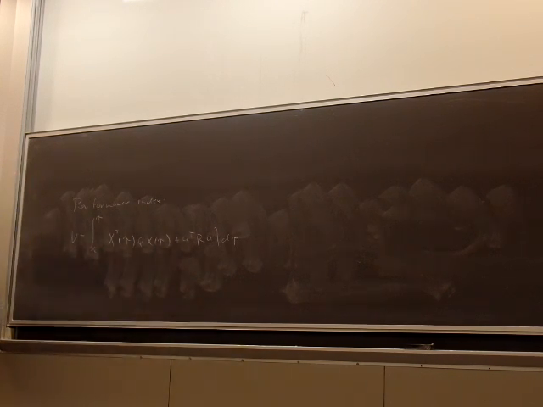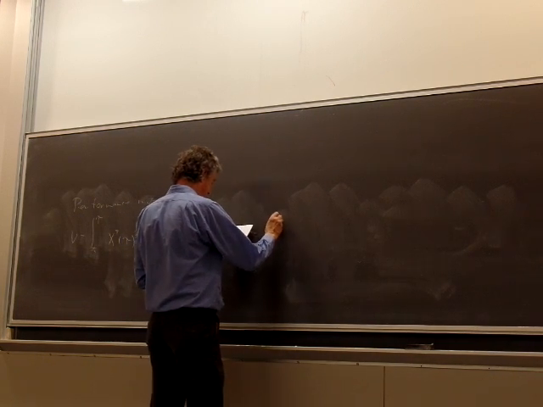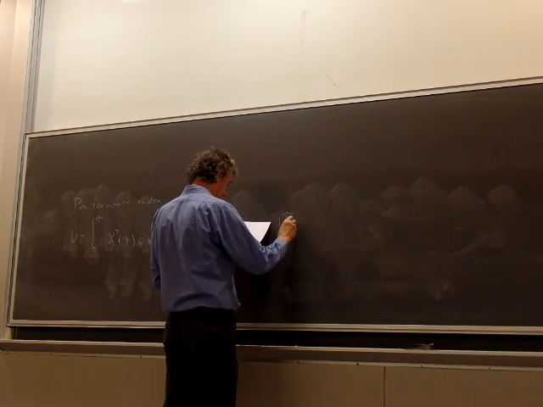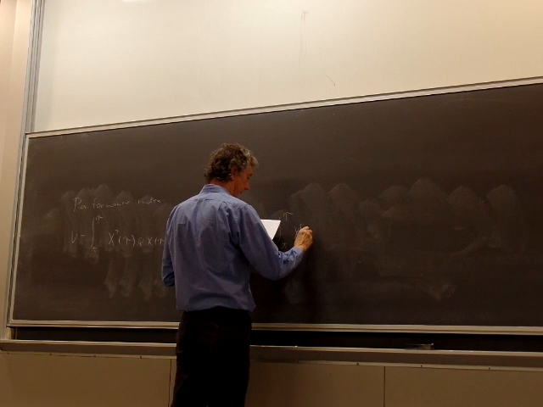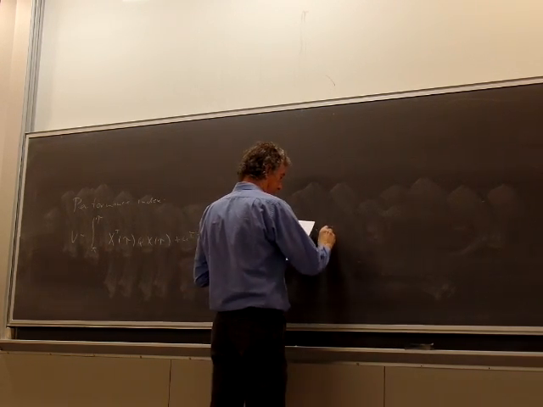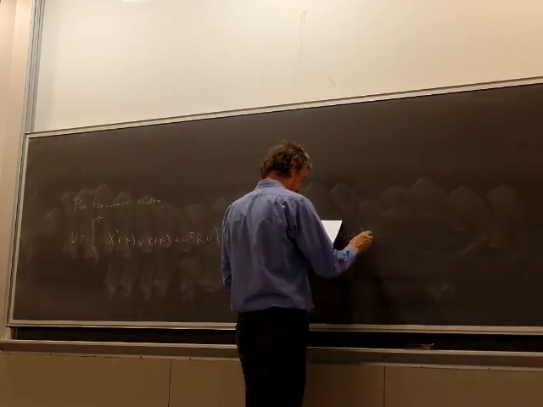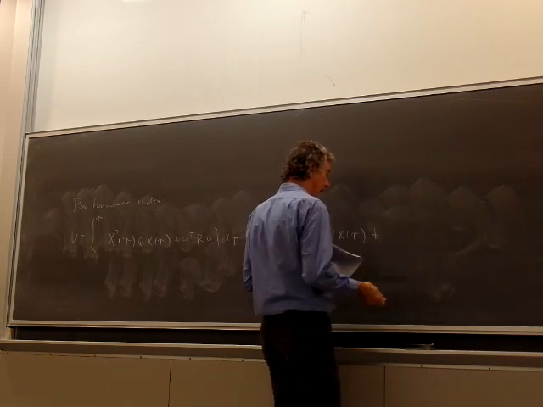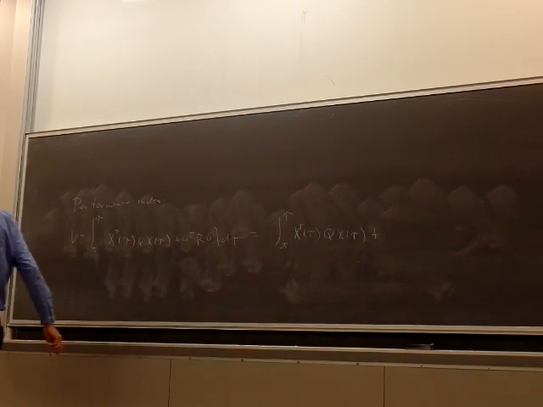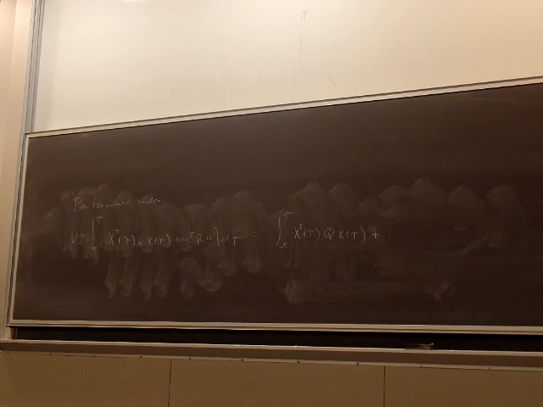U is K x, but now when we take the transpose of K x, what's the rule in linear algebra for that?